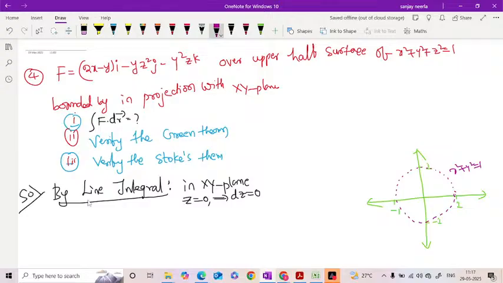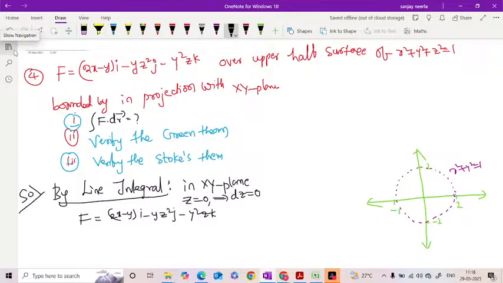What is our F? Our F is clearly given. F is equal to (2x minus y) i minus y z square j minus y square z k. After substituting z is equal to 0, the second part must be 0 and the third part also 0.